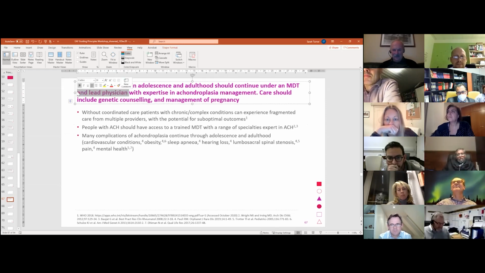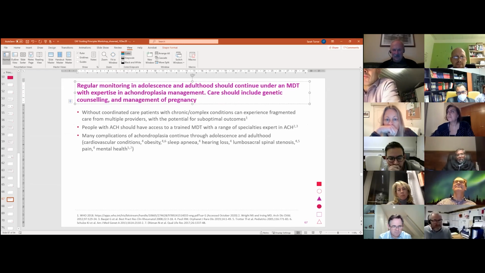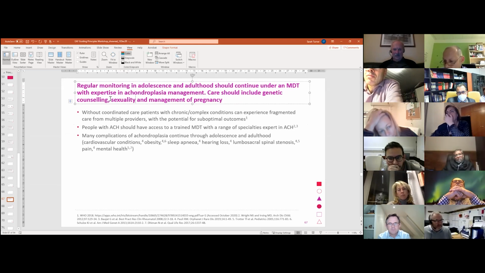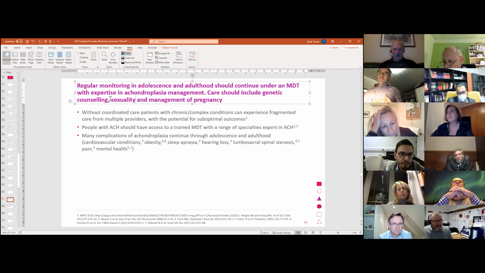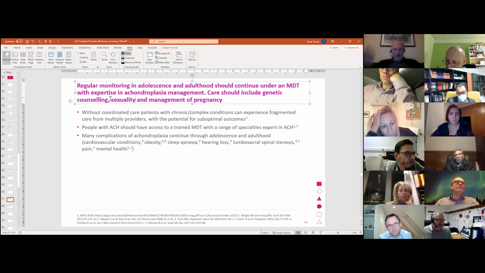A couple of comments. I wonder if we can add sexuality also: care should include genetic counseling, sexuality, and management of pregnancy, because that's where the adolescence and puberty issues come in, and it's not only males with pregnancies. Also, I think the lead physician is important because even in a given multidisciplinary team, there's always a leading person who's responsible for coordinating the care.